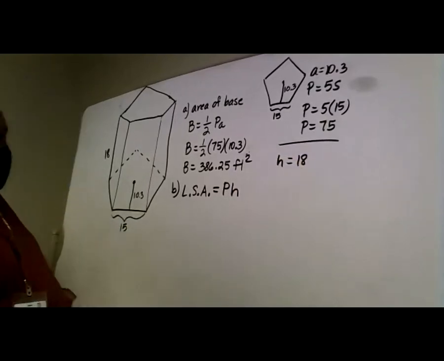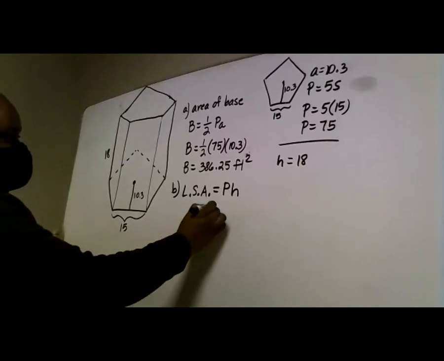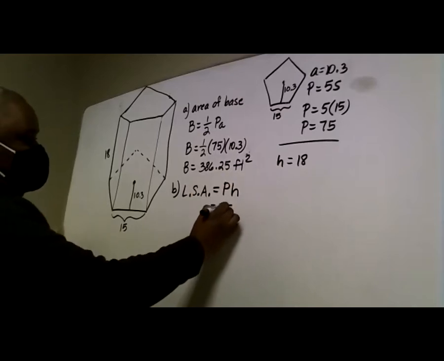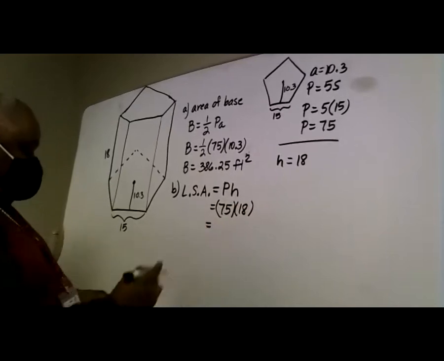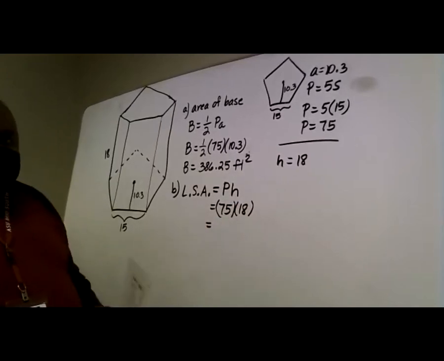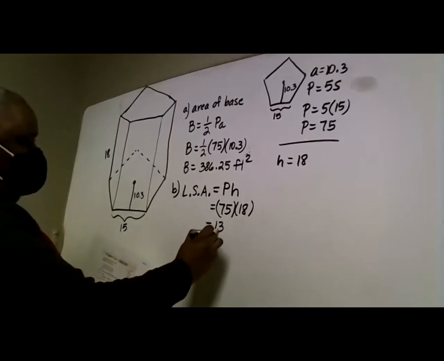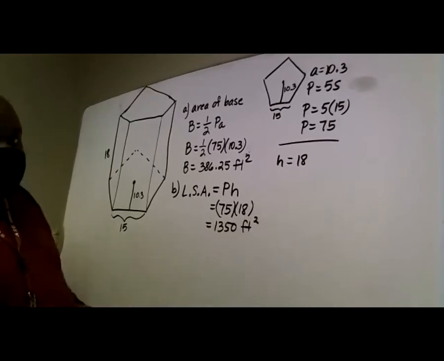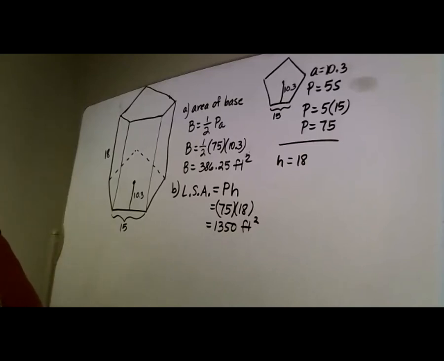So that height is 18. So to find the lateral surface area, we multiply the perimeter, which was 75, times the height of 18. So 75 times 18 would be 1,350, and that's in square feet. Okay, keep in mind that the area is going to be in square feet.